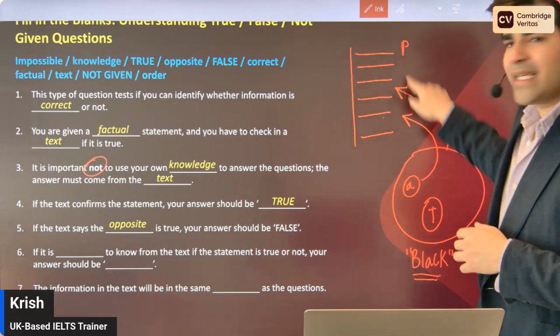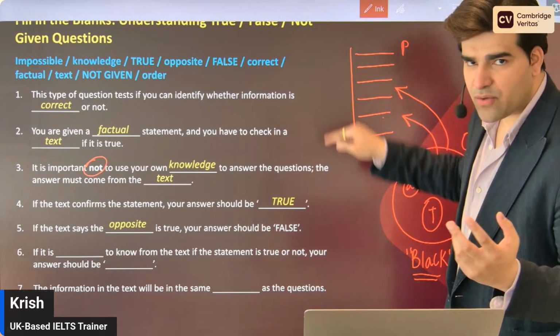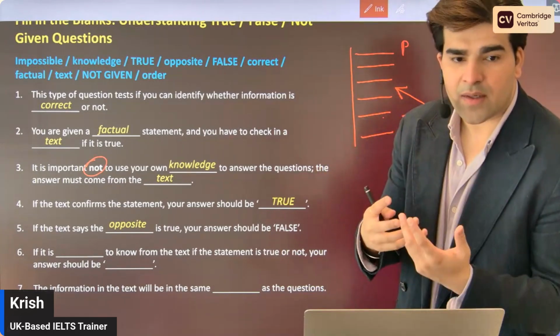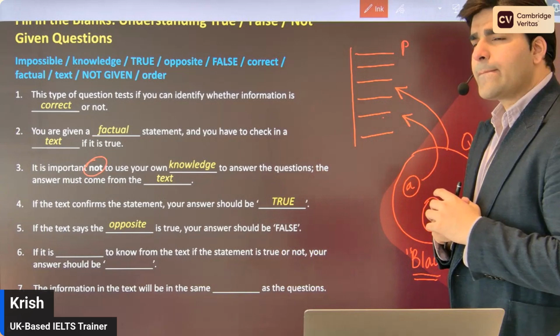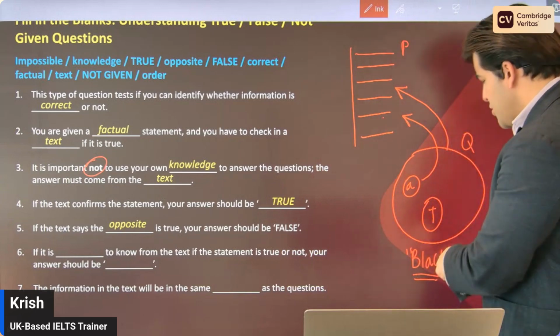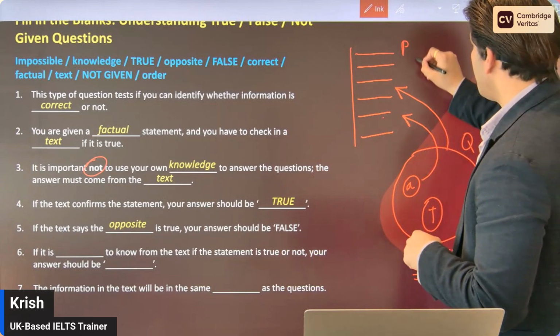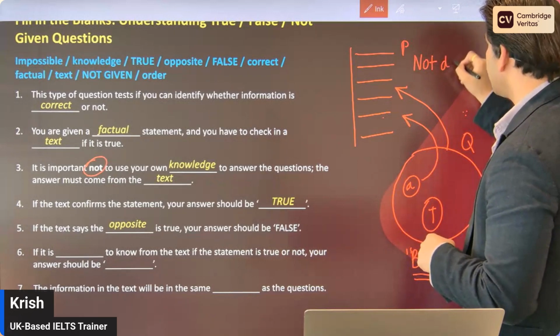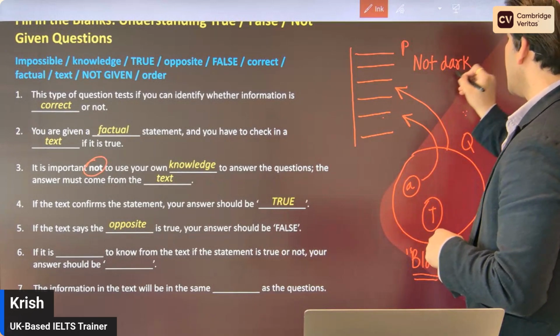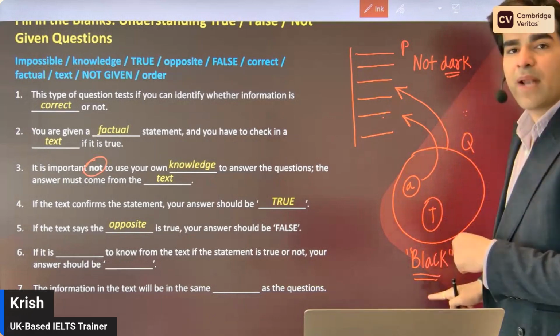Then you go and skim and scan. You use the reading strategies that we've discussed in other lessons on the channel. You check it, but you find that the information is not black. It's written not dark. Dark is the synonym of black.